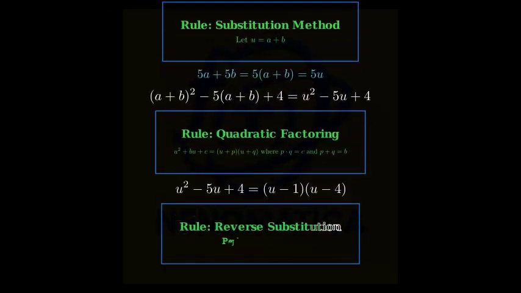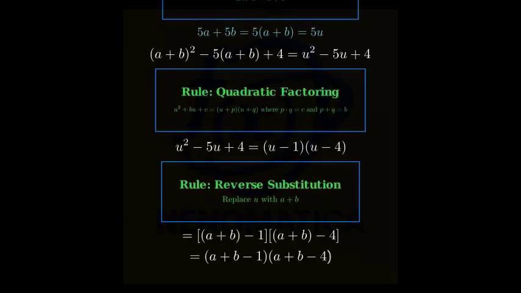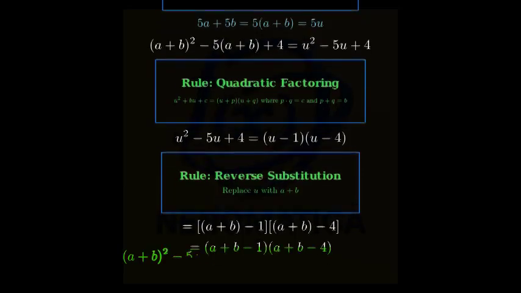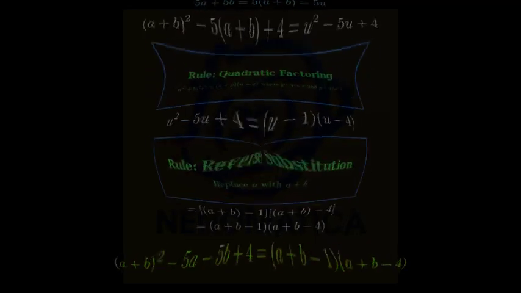Now we'll substitute back our original expression, a plus b for u, to get the factored form in terms of a and b. Substituting back u equals a plus b, we get the expression equals (a plus b minus 1) times (a plus b minus 4). Therefore, our original expression, (a plus b) squared minus 5a minus 5b plus 4, can be factored as (a plus b minus 1) times (a plus b minus 4).